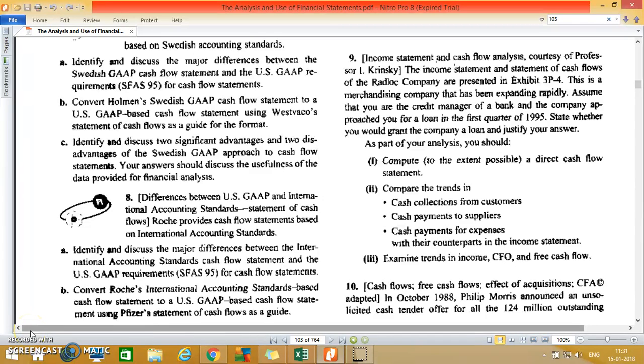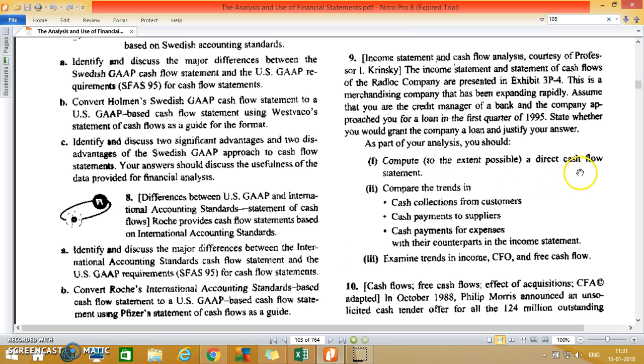In this session, we will solve the ninth problem from the analysis of statements, and we will be working on this problem of Radlock Company. We have been given the cash flow statement and also the income statement. From this, we are asked to analyze and find out: 1.